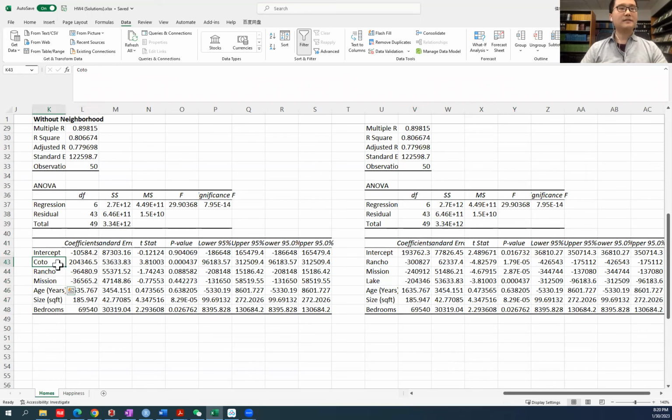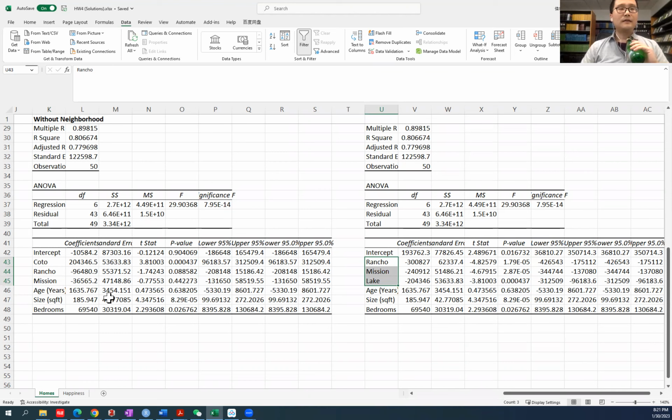On the left, because Lake Forest was the reference group, it's not the name of any of the predictors. Instead, the other three cities' names are used as predictor variable names. On the right, in contrast, because Coco de Casa was the reference group, Coco de Casa was left out, whereas the other three cities are used as the indicators to represent the contrast.